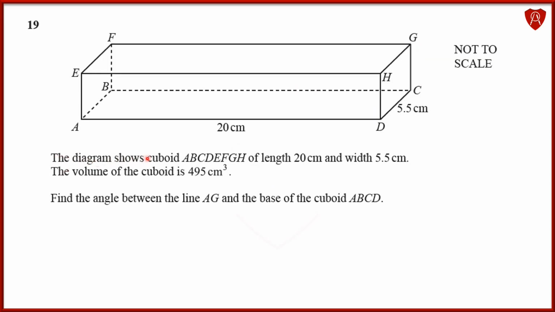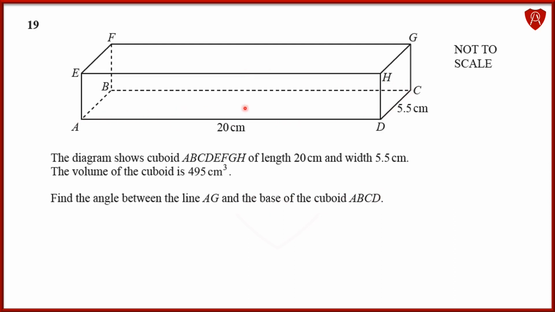The diagram shows a cuboid ABCDEFGH of length 20 centimeters and width 5.5 centimeters. The volume of the cuboid is 495 centimeters cubed. Find the angle between the line AG, from that to that vertex, and the base of the cuboid ABCD.